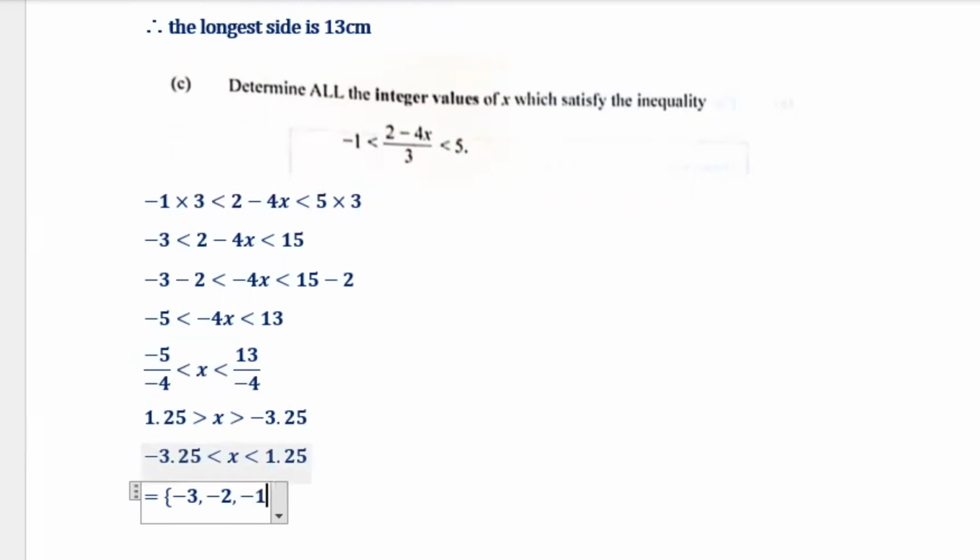Then we have -1, 0, and as we approach, we need to check back this part of the inequality. It says x is less than 1.25. So the only other integer that would come here is 1. And this would be the range of values that satisfy this inequality for the integer values of x.